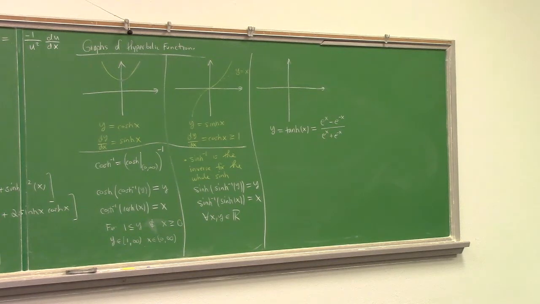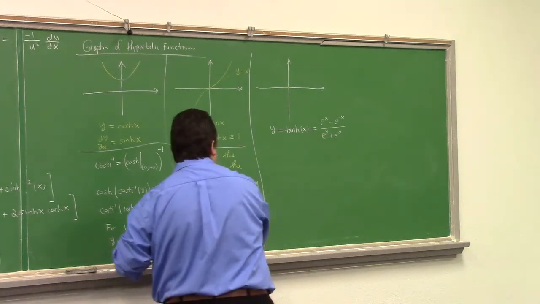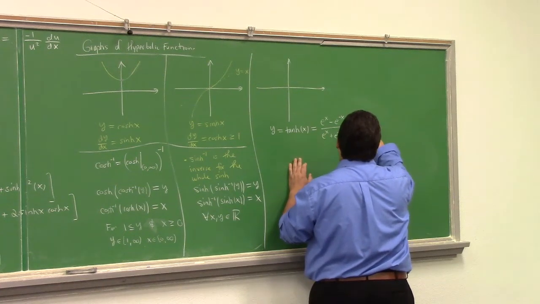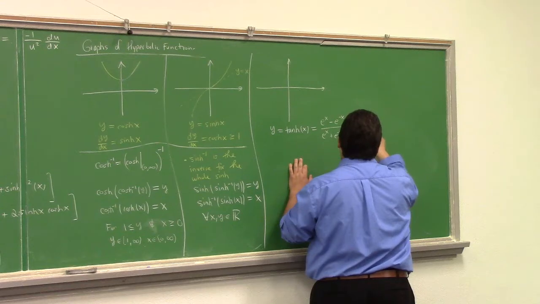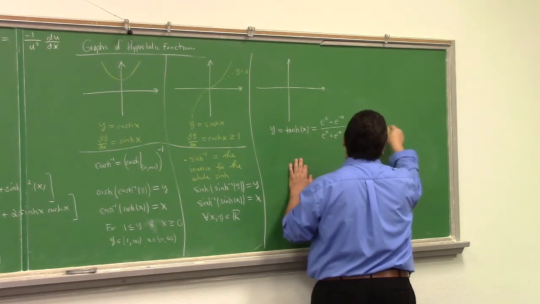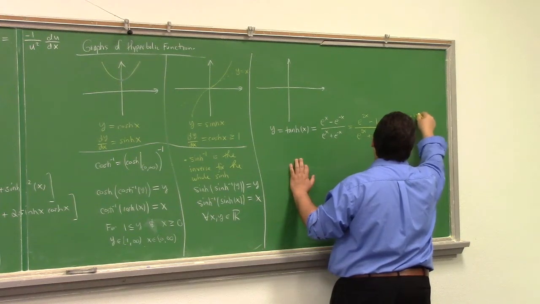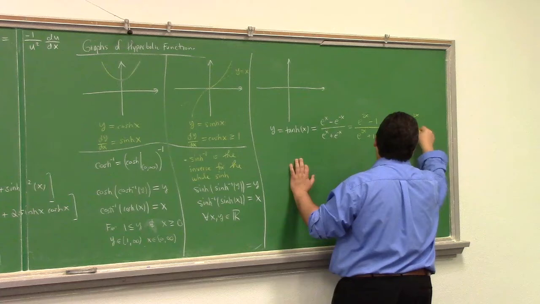There's two more formulas here that I find very useful. I've told this to you before, but I'll tell it to you again. So this is e to the 2x minus 1 over e to the 2x plus 1. And it's also 1 minus e to the minus 2x over 1 plus e to the minus 2x, right?